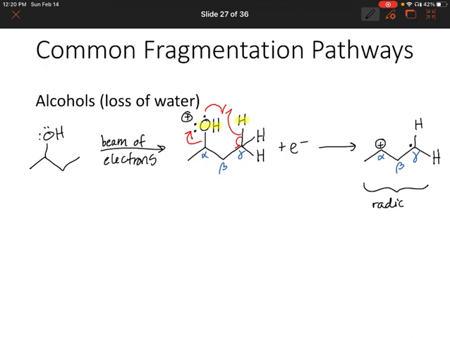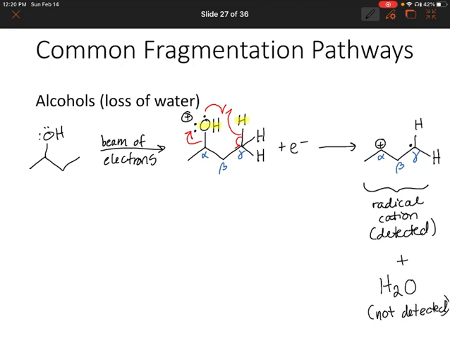So the radical cation is charged, which means that it will be detected. The other product is the water molecule, which is neutral, so it will not be detected. So you wouldn't see a peak at m over z equals 18, for instance. You would only see a peak 18 below the parent peak.